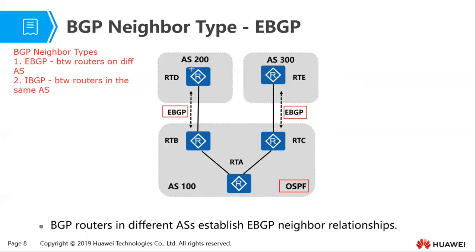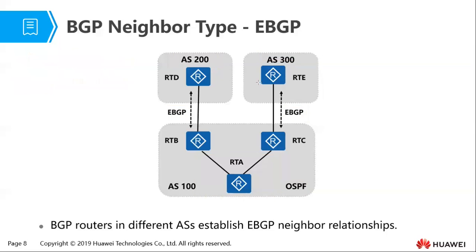Now, the problem is, how can the internal routers in this particular autonomous system, AS100, be able to learn about the routes in AS200 and in AS300? How can these internal routers in AS100 learn the routes from AS200 and AS300?